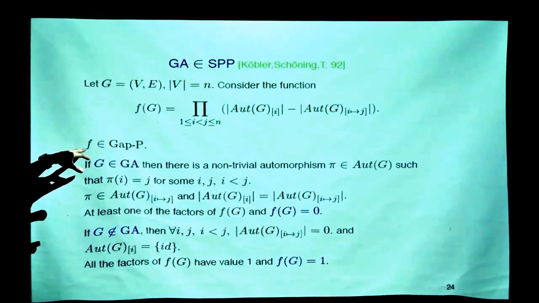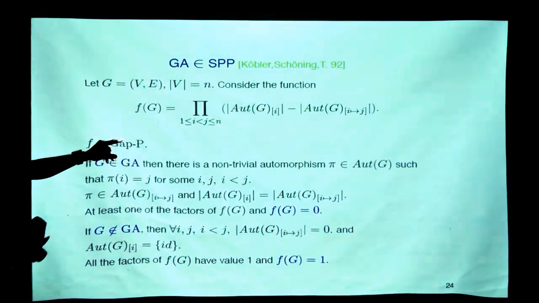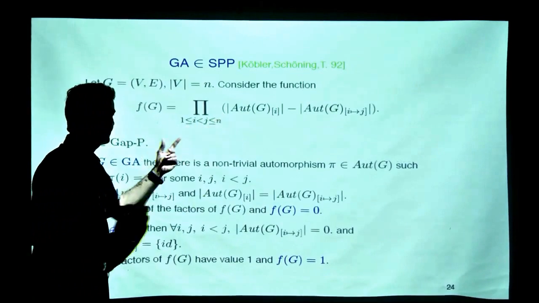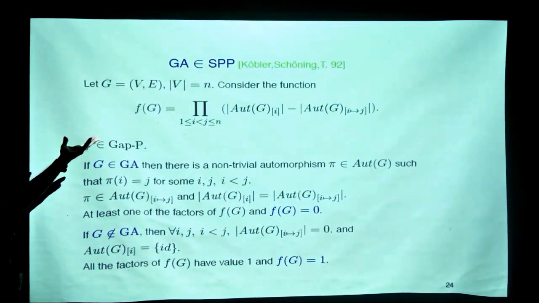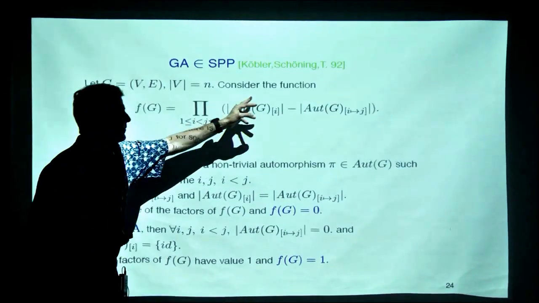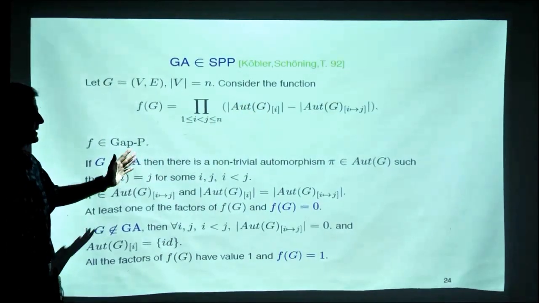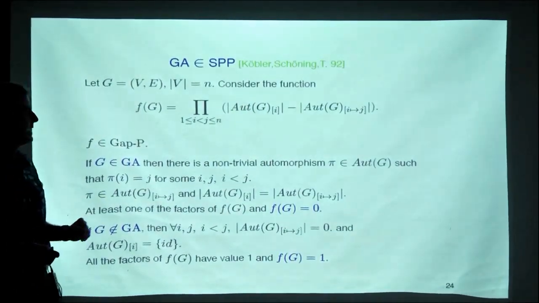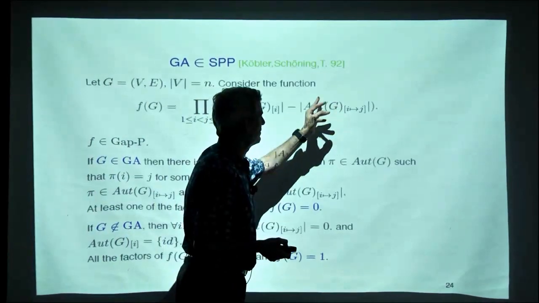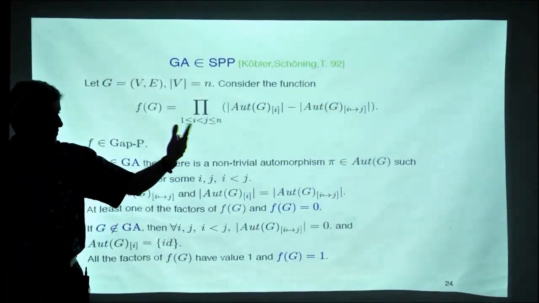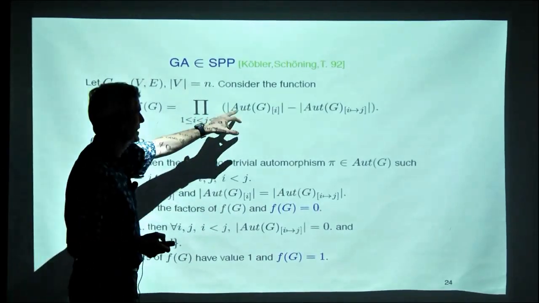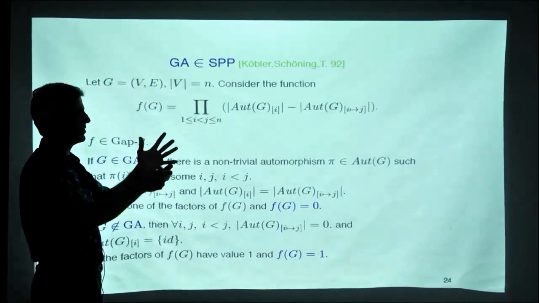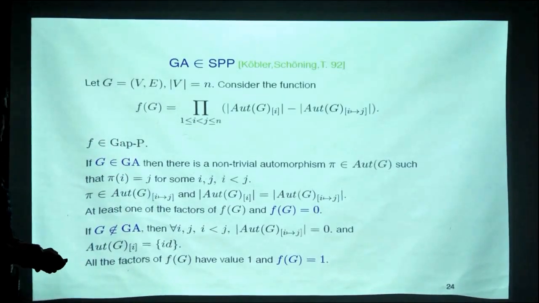First observe that this function is in GapP because it's a difference of #P functions, of the number of accepting paths. The number of automorphisms gives an automorphism, and here also the number of automorphisms mapping i to j gives an automorphism mapping i to j. So non-deterministic machines have these paths, and we also produce the difference between accepting and rejecting.